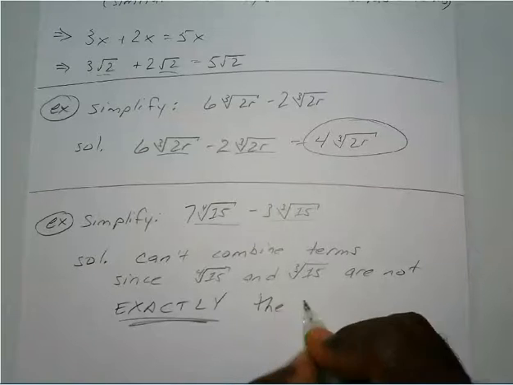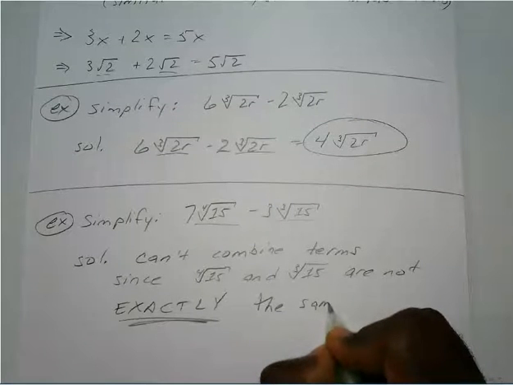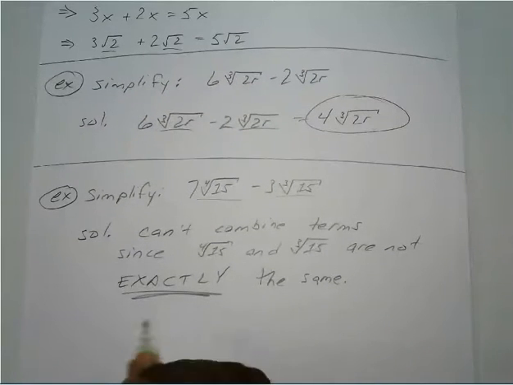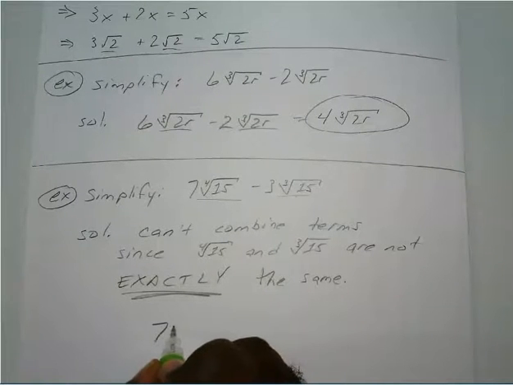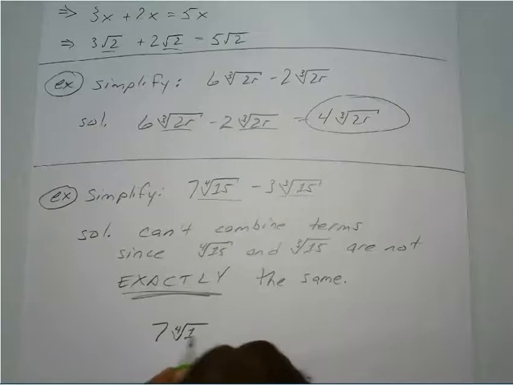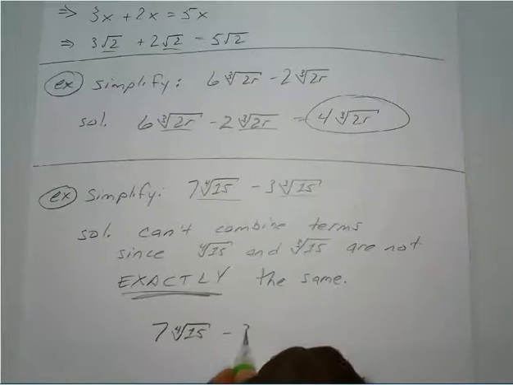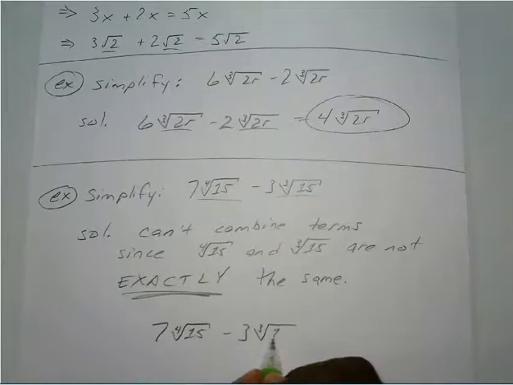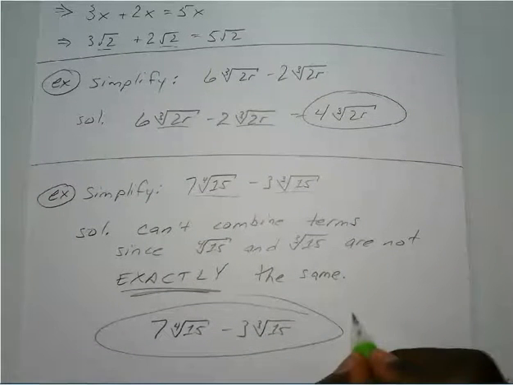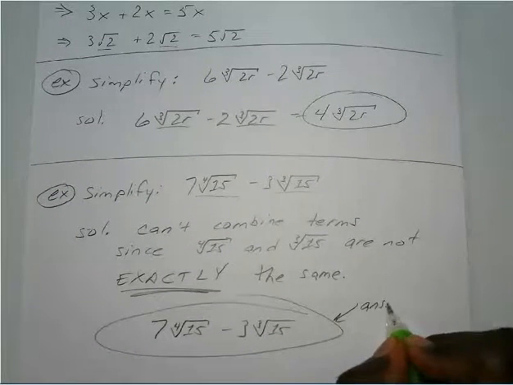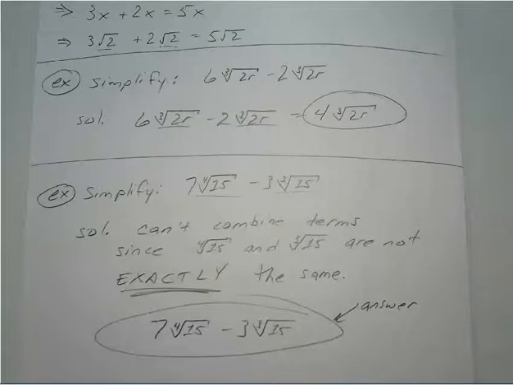Exactly the same. Okay, so your simplified answer would just be that answer. So you have 7 times the 4th root of 15 minus 3 times the cube root of 15. Okay, so this is actually your answer, since it can't be simplified anymore.